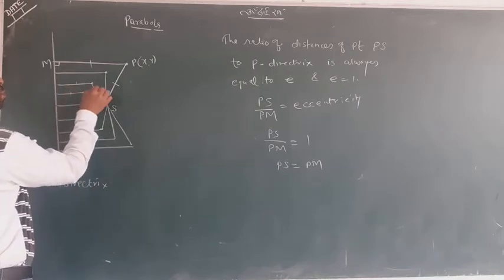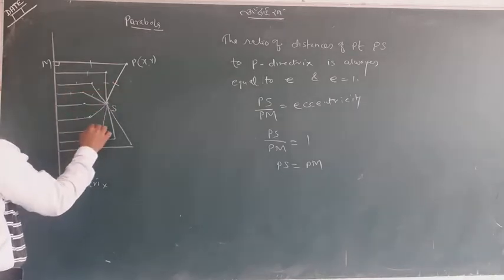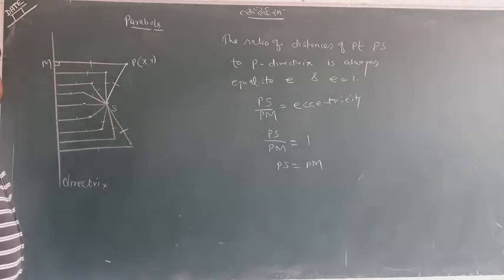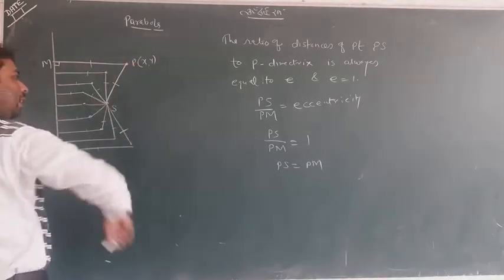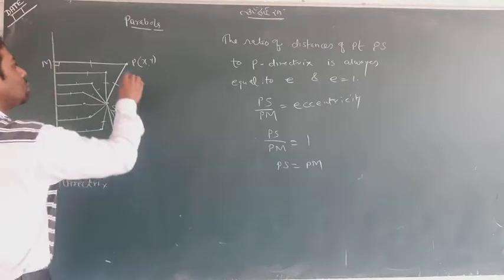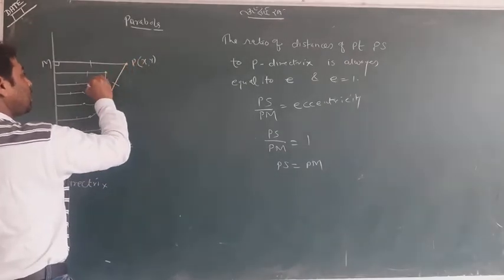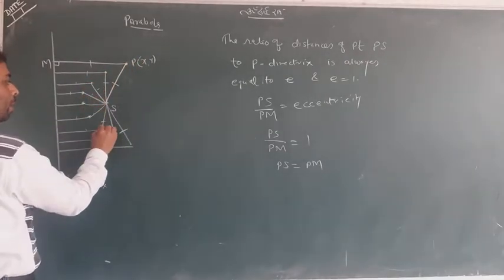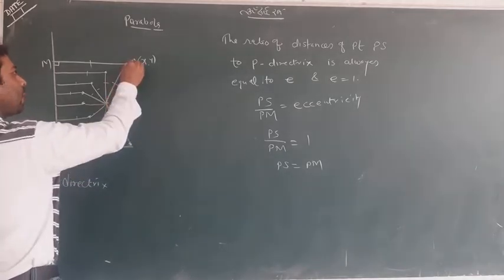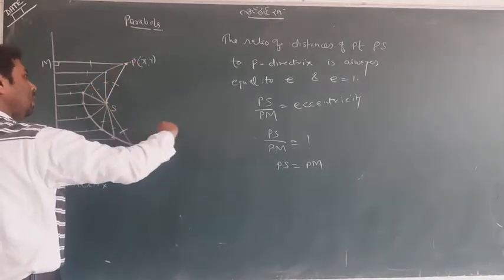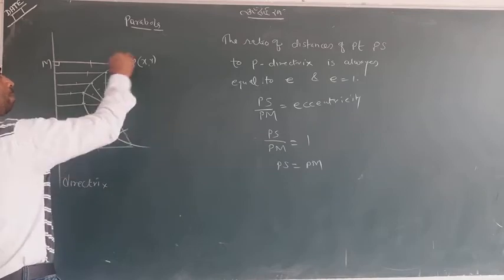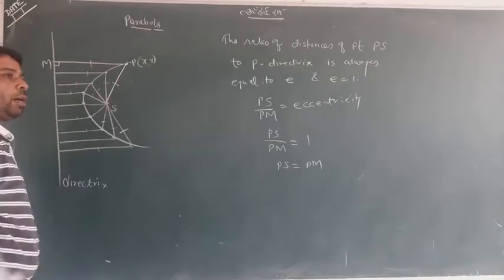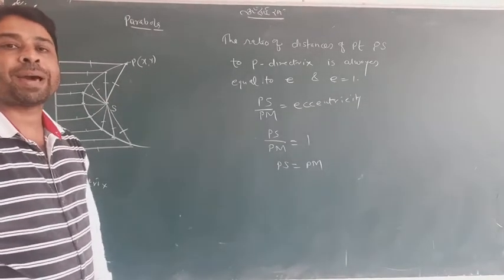And when you trace the path, so this is P, this is P, P, and P. When I join all the points, I will have a very important figure. It is a parabolic figure.